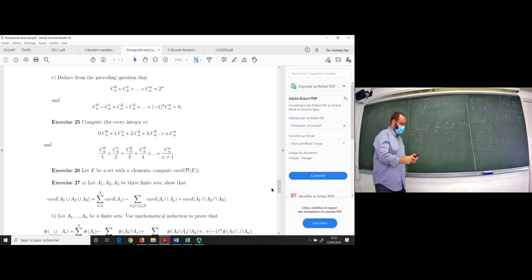In which way? You start from this one, and you are going to compute, for example, particular primitives for each term. You have a classical formula for this one, a classical formula for this one, so I give you just the idea: compute integrals or primitives.